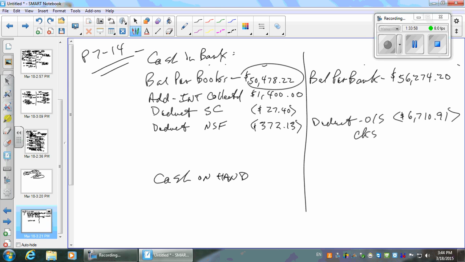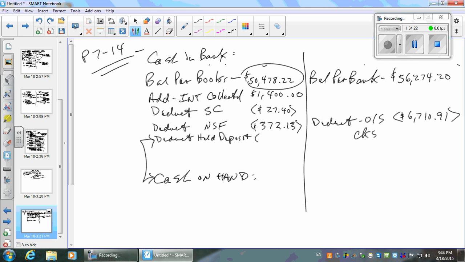Oh, that's a little twist, isn't it? How much cash on hand are we going to have? Bank doesn't know about it. We do, but we're going to take it out. So I'm going to deduct the held deposit, right? That's what I'm talking about, that cash on hand, right? Yeah. I'm going to put it in cash on hand.